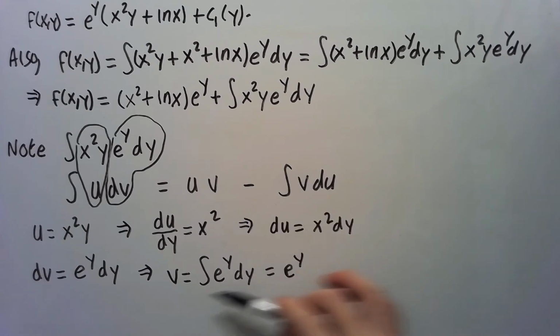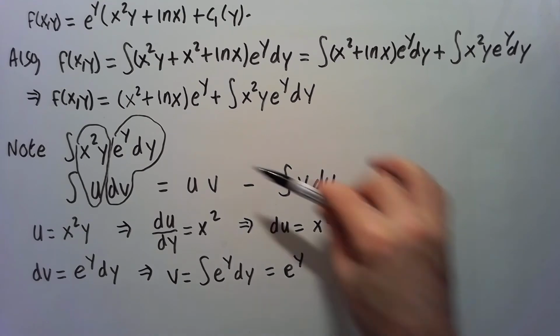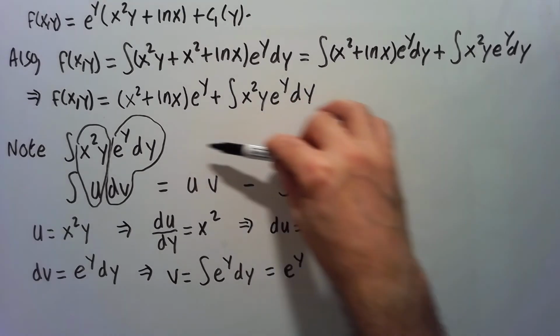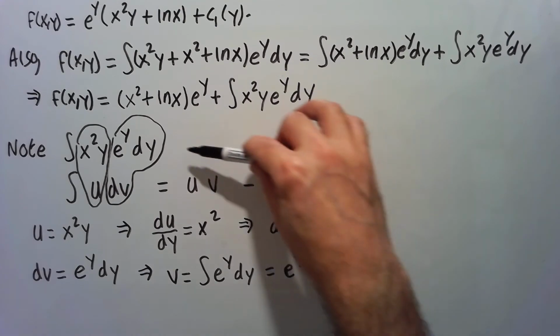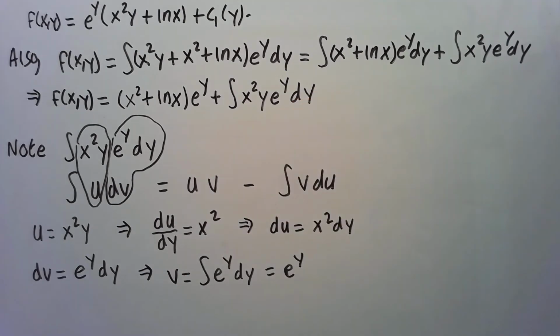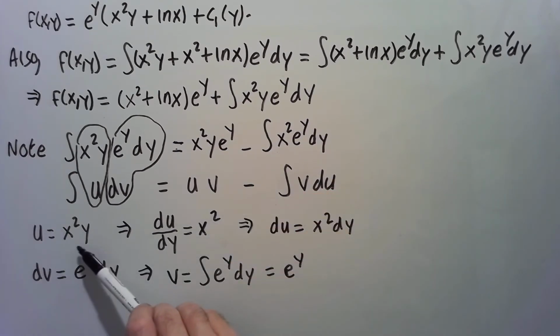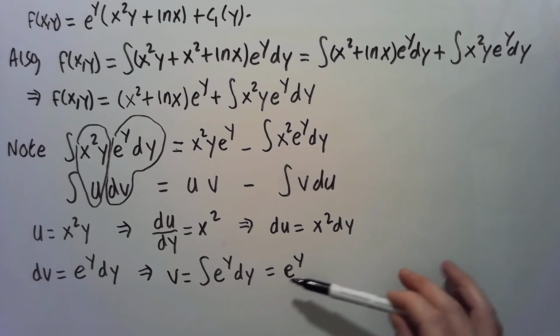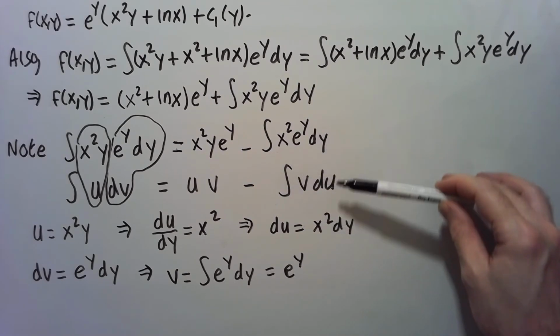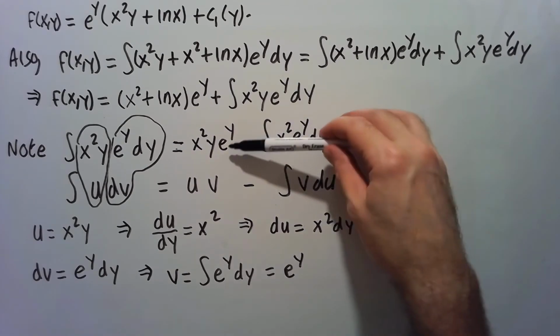So now we have our v, we have our du. Let's make the substitution now into the integration by parts formula. So doing that we get then, making a substitution for u, x squared y, and v, e to the y, and du, x squared dy, you get this.